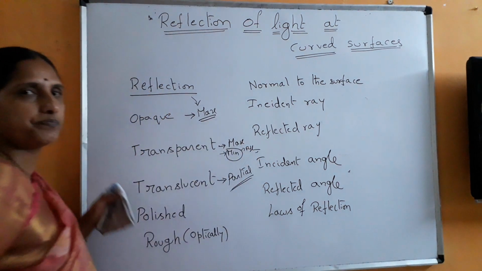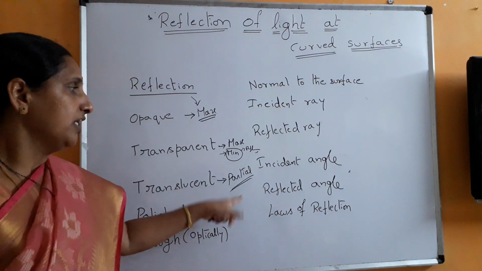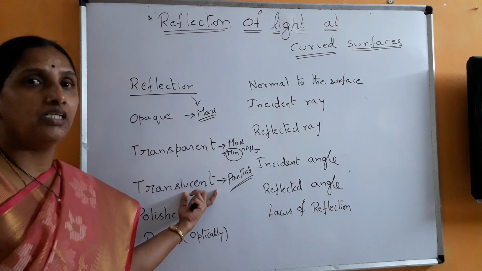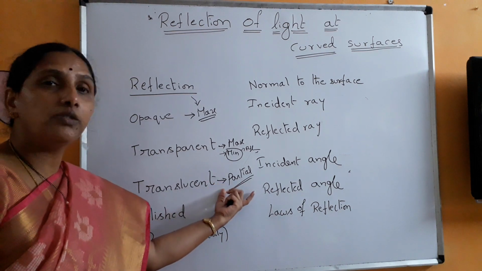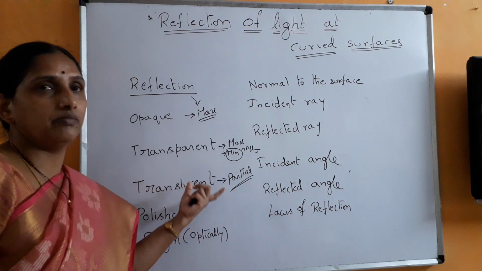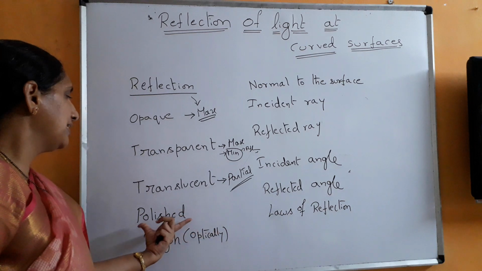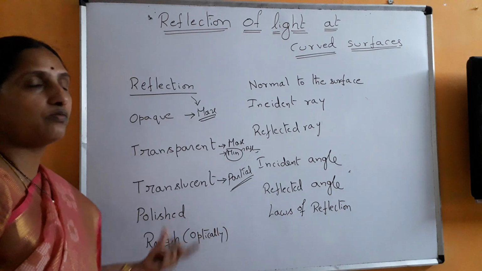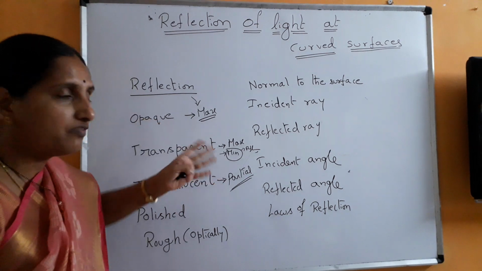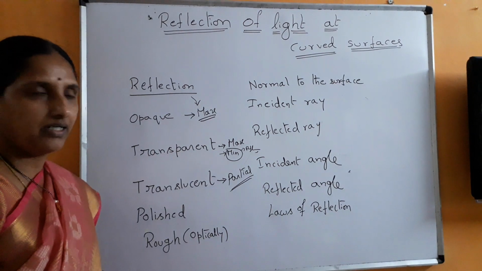And now translucent, partially. So this particular medium or the surface or the substance allows the light to pass through it partially. Means some amount of the light is reflected back and some amount of the light is allowed to pass through it. The next one is a polished surface, where whatever the light beam is made to incident on the surface, the same beam in the same manner will get reflected back.